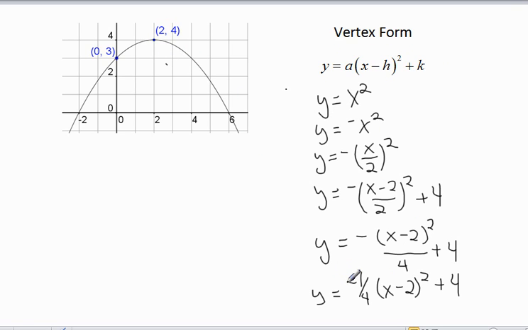But this one we would have written, whatever you want to say, as a scale change of negative 1/4 along the y-axis. And what that's telling you is that when you go 1 to the right up here, you're going 1/4 down, a quarter of a square. Or if you go 1 to the left, you're going down a quarter of a square. Scale change of 1/4 along the y-axis.